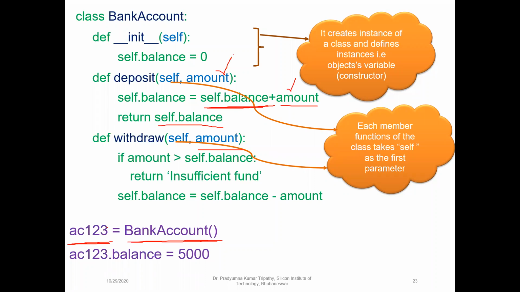Here you can see that I have written AC123, the object dot balance is equal to value. So object dot balance is a data member, so I can directly access it as it is public in nature. So we can access the data member directly.